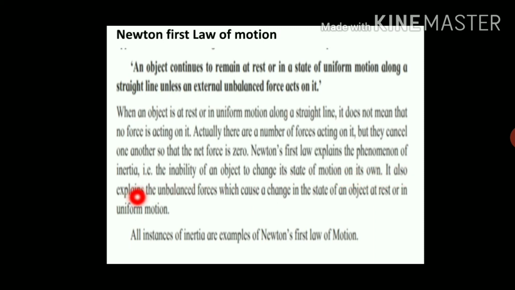It also explains the unbalanced force which causes a change in the state of an object at rest or in uniform motion. All these instances of inertia are examples of Newton's first law.